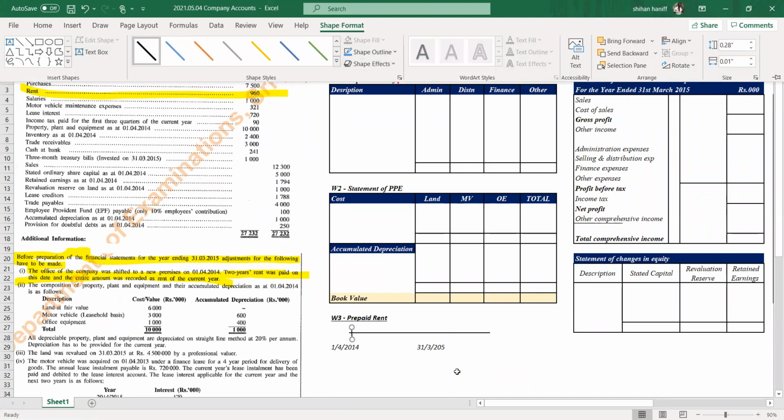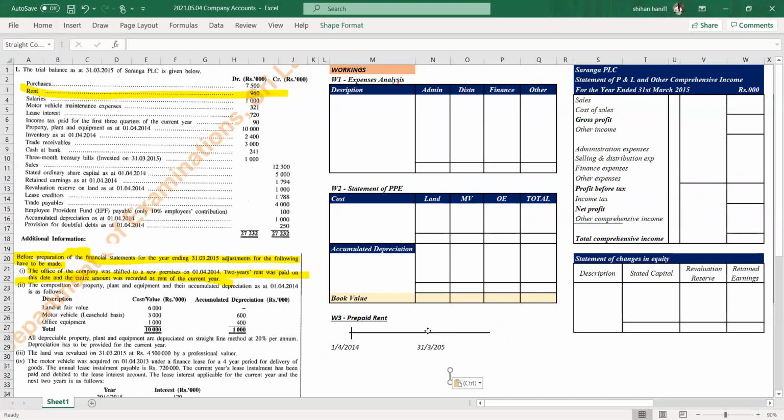Now this rent has been paid for 2 years, to 31st March 2016.